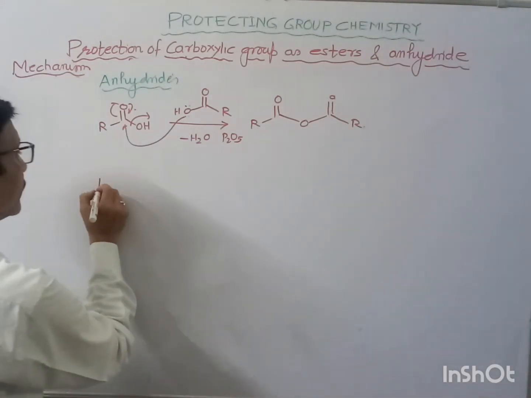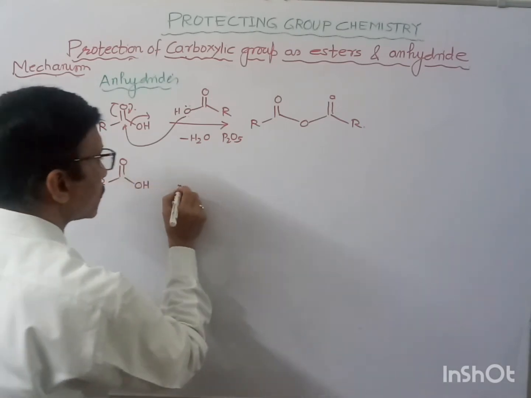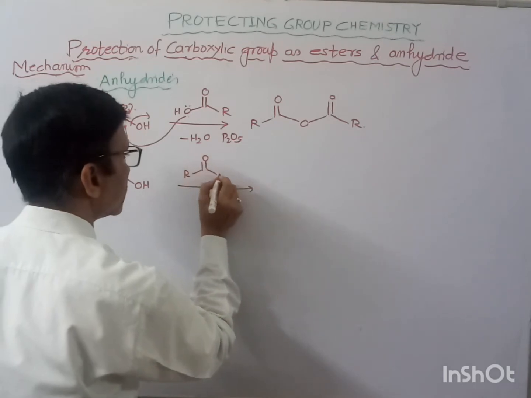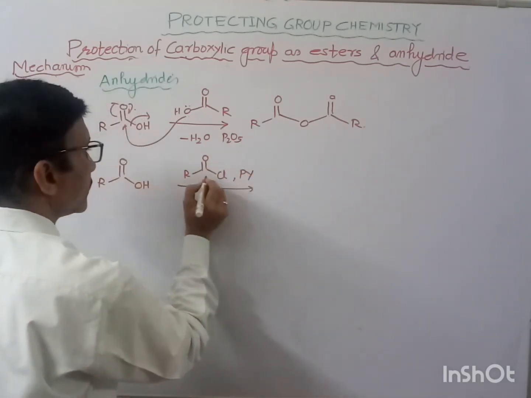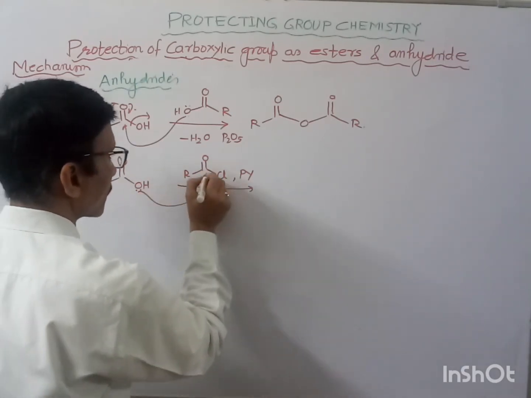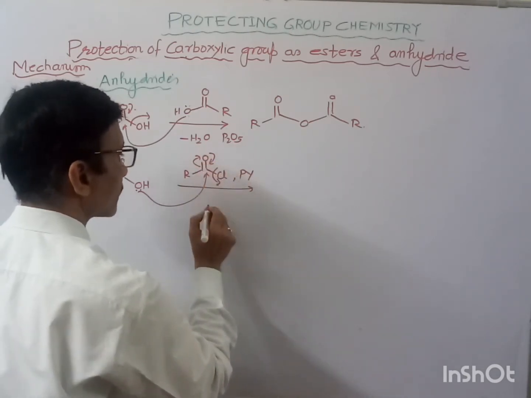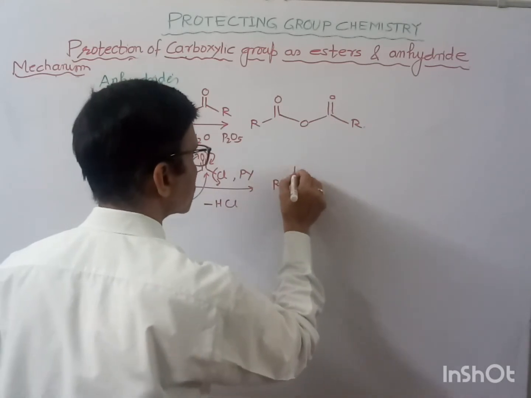In the same way, if we have this acid group, on reaction with acid chloride in presence of pyridine, what will happen? This will lose HCl, and we will get RCO.